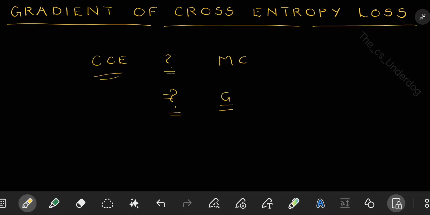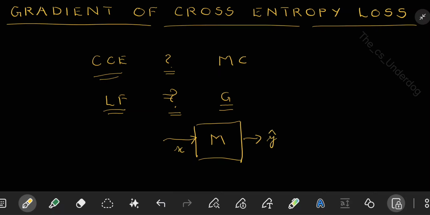Whenever you are learning about any particular loss function in machine learning, it is very important that you understand how to find the gradient. What is the importance? Let us say you want to train some particular model M. You are passing some training example X through this model, and the model will produce some particular output Y cap.